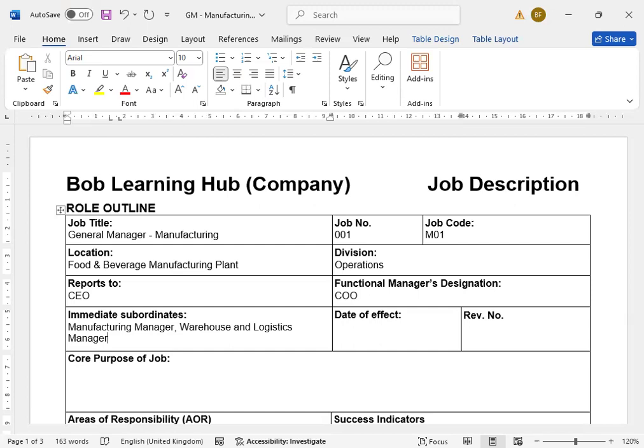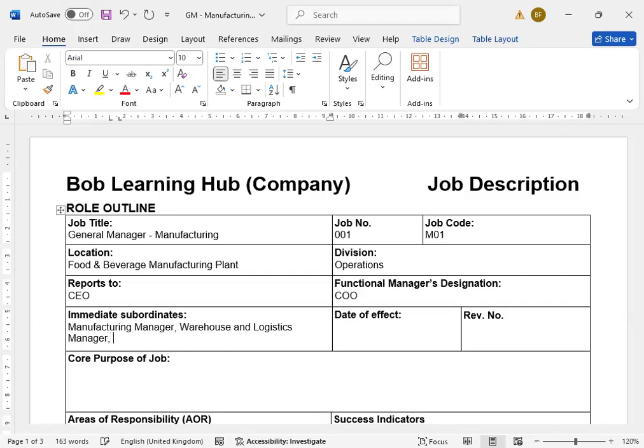So what we're trying to do now is writing the immediate subordinates for this role, and there will be manufacturing managers, and warehouse and logistics managers. It could be two separate warehouses, like inbound and outbound warehouses, things like that. So, okay.